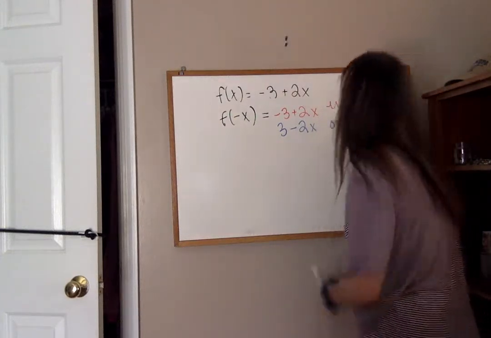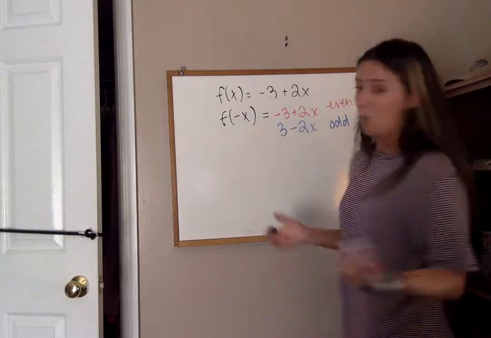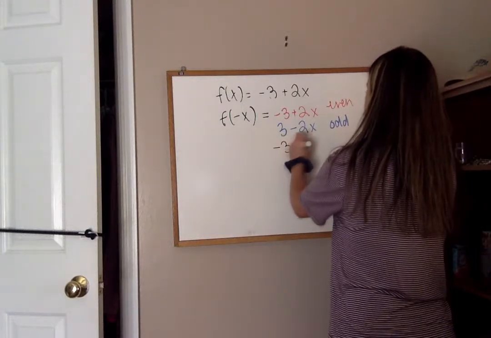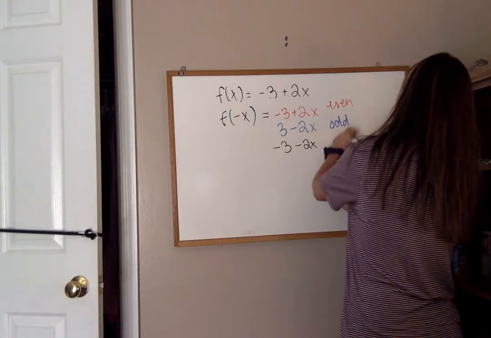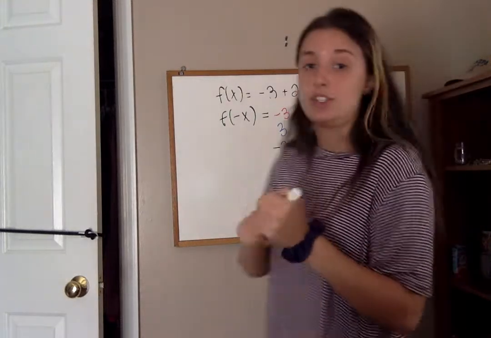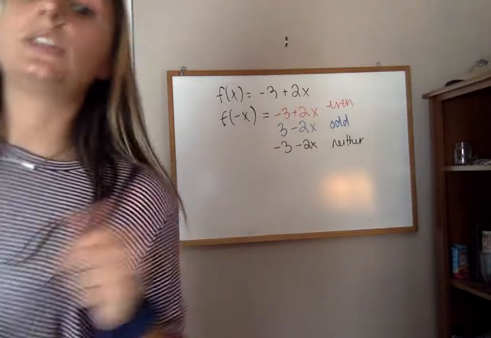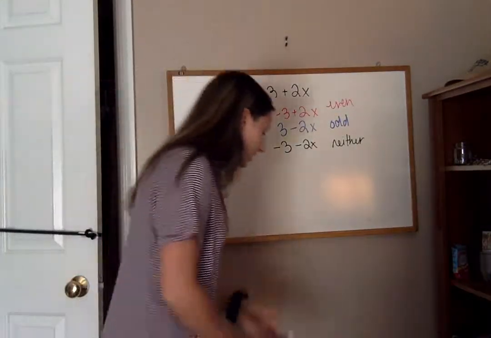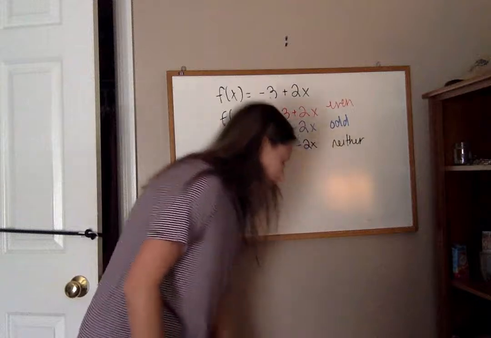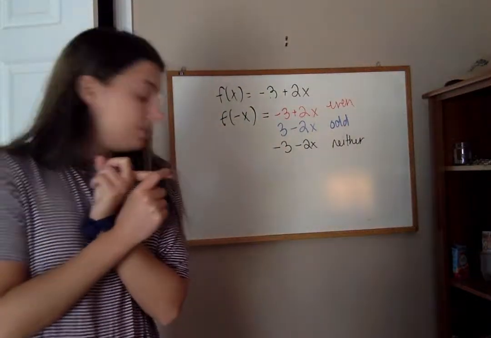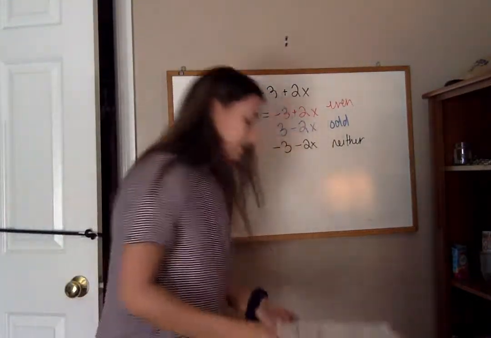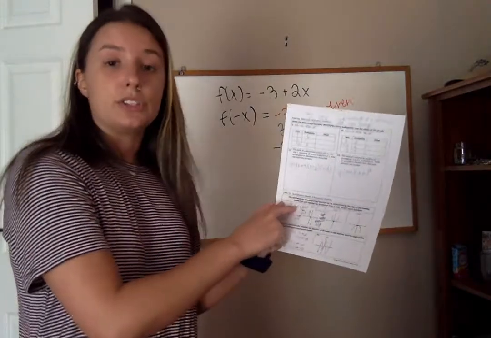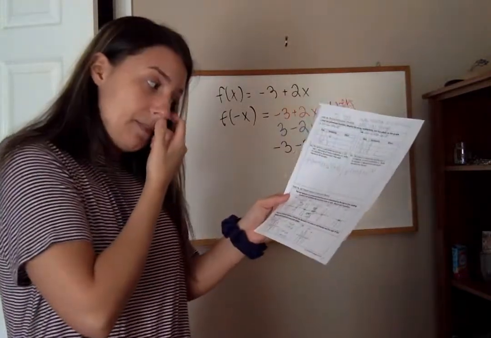If it pops back out where only 1 has changed, if it ended up being -3 minus 2x, it's neither. So you have to pay attention to the sign switch. What happens to that equation if you were to plug in a -x? Okay? So it's determined by whether it's even or odd, and the sign on the leading coefficient, okay?